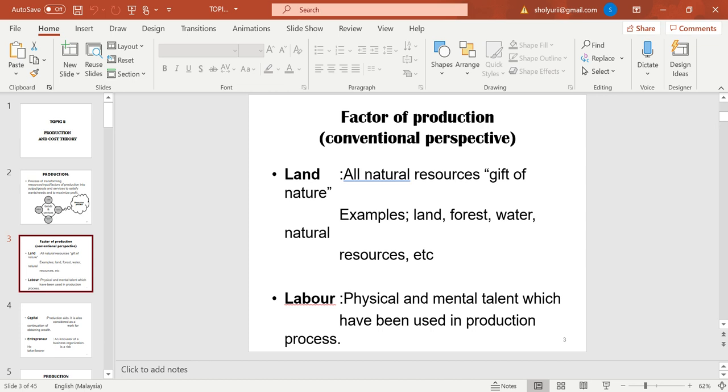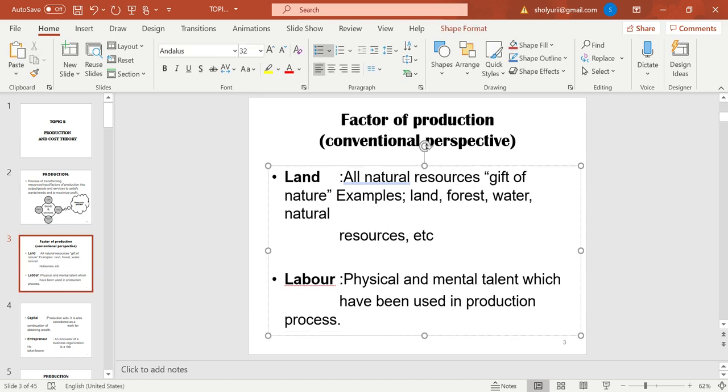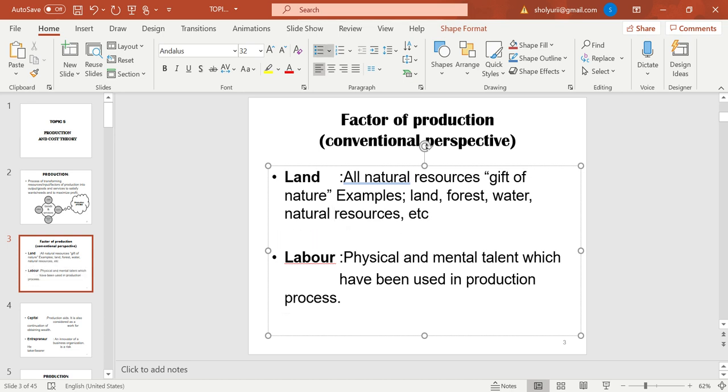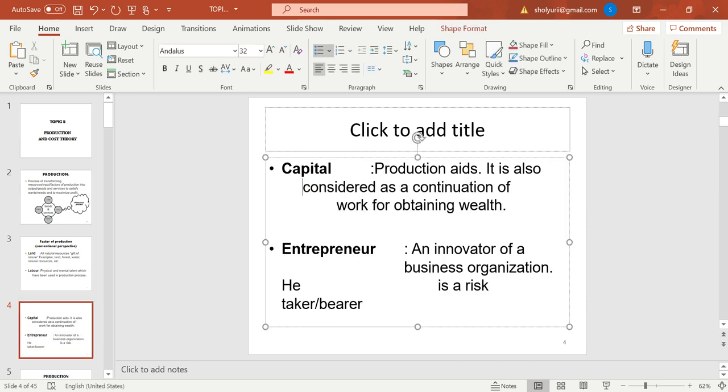Land is all natural resources, the gift of nature. The example is land, forest, water, and all natural resources, etc. And the second one is labor, physical and mental talent which has been used in production process. Okay, the third one is the capital, production aids.